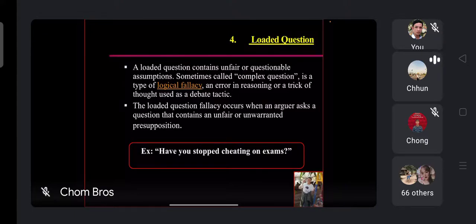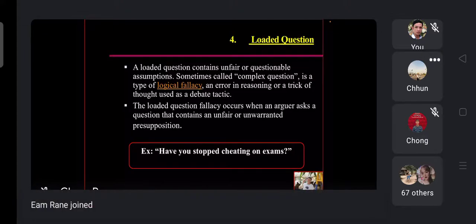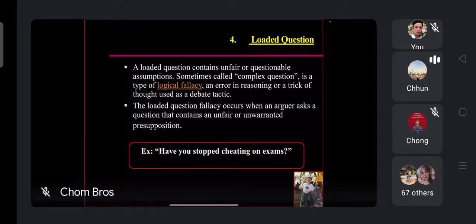In this example, please think about your answer in your mind, and then you will see what exactly your answer means. Of course, you probably wouldn't say no, which would imply you cheated on your most recent exam.